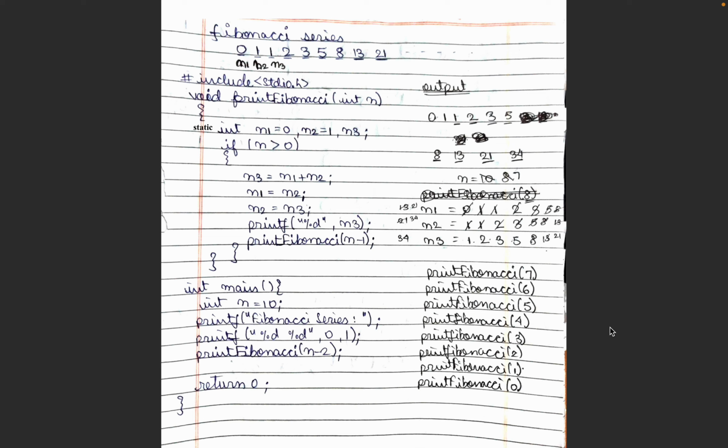Okay, so here 6 will go. 6 is greater than 0. It will calculate n3. Okay, n3 will be calculated 2 plus 1, 3. Then swapping is occurring. How is it occurring? 2 will go above.